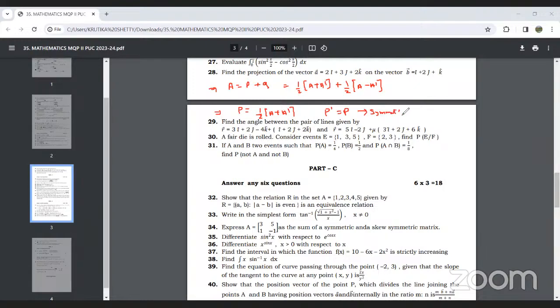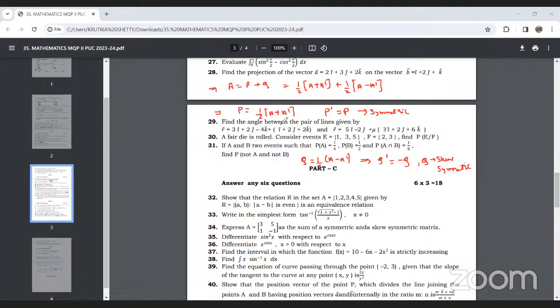Similarly, in the next step, you have to consider Q as 1 by 2 (A minus A dash), obtain the Q value, and then show Q dash is equal to minus Q. When Q dash is equal to minus Q, Q will be a skew symmetric matrix.